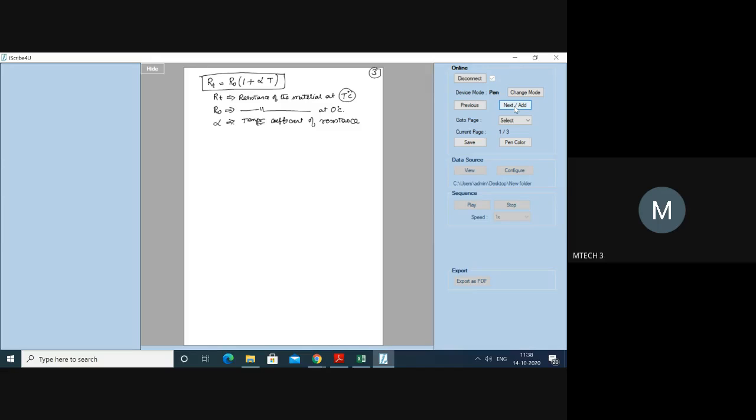Now, which are the RTD materials which are generally used is important. These RTDs are going to be resistive elements. They are called resistive elements because they are going to change with respect to the resistance. They are going to be present in the form of coils of wires.